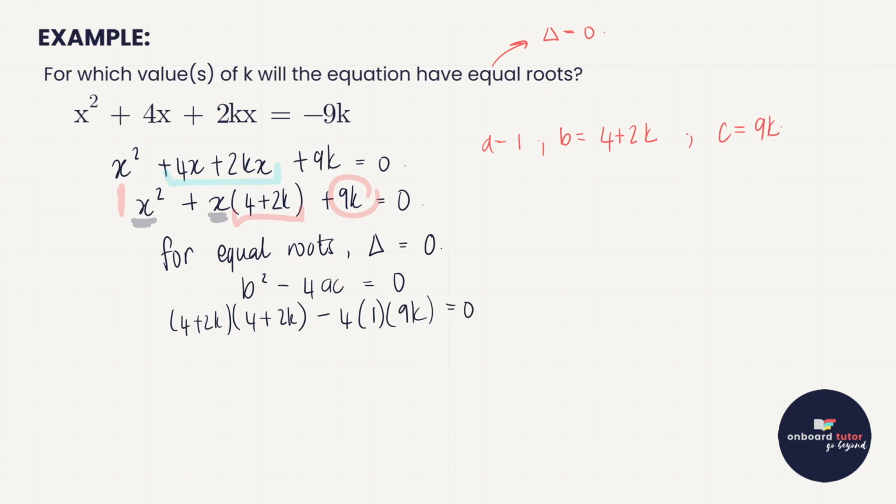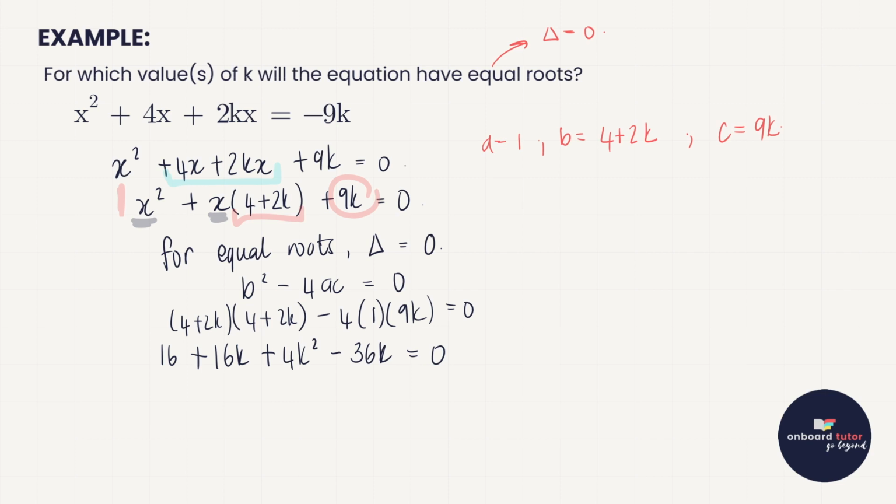Okay, now let's multiply out. 4 times 4 is 16. I'm going to use that shortcut where you work out 2k times 4, that's 8k, and then we double it, so plus 16k, and then multiply the last terms, plus 4k squared, and then 4 times 9 is 36, so minus 36k is equal to 0.